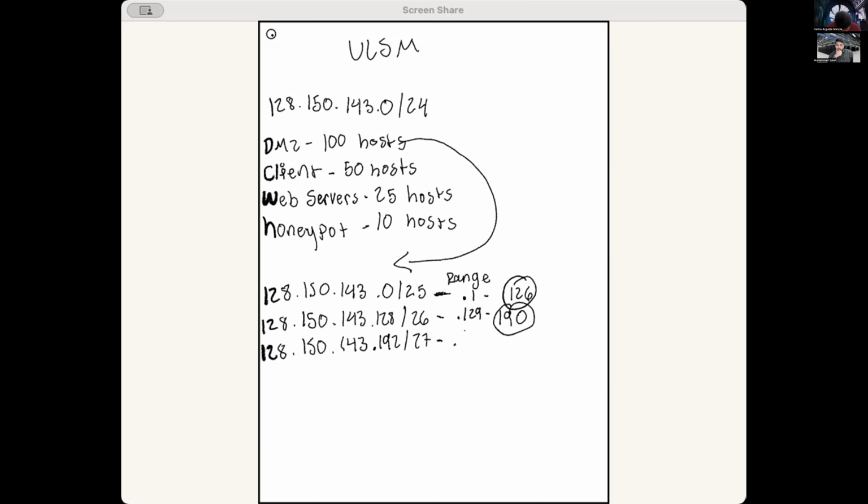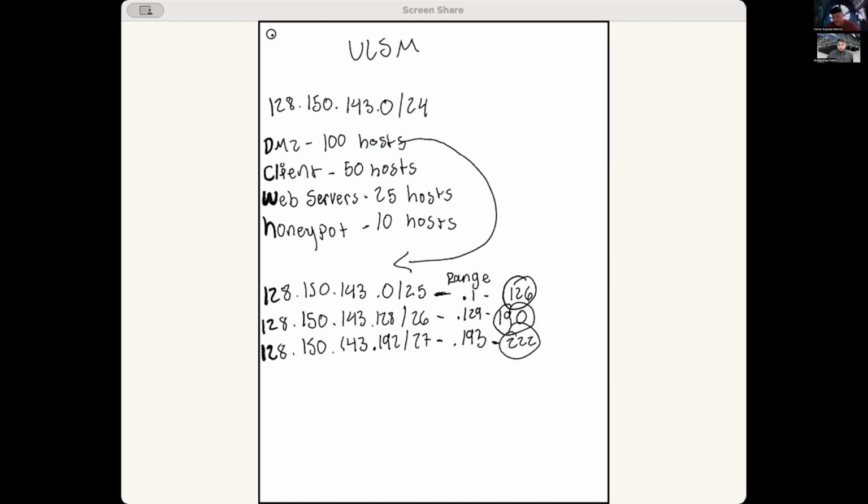My first usable is .193, and because it's a /27, using the same subnetting procedures as previously, the last usable would be .222, since it goes up to 224.